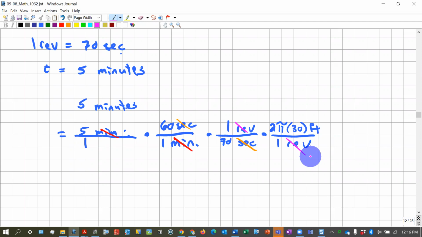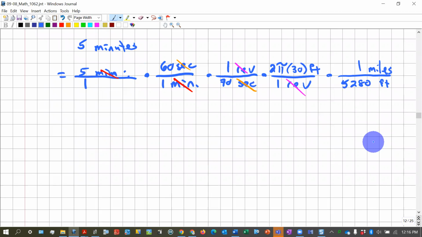So all of that so far is exactly the same as the previous problem. But now we have the additional conversion that we need to get rid of feet and go to miles. And that number I do have memorized. I don't know why, but once I learned it, I always remembered it. I don't have to look it up.